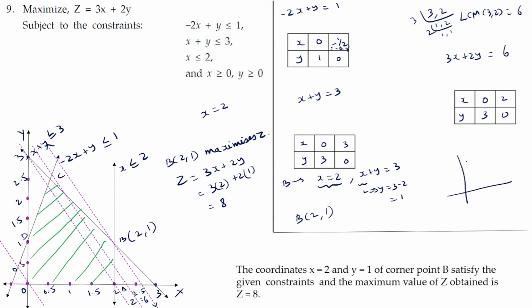That is, the slope was like this. So when the slope was negative, we choose that particular line which is farthest from the origin as the isoprofit line. That line will maximize z, and that line which is nearest to the origin will minimize z. This is what we have seen in the problems so far.